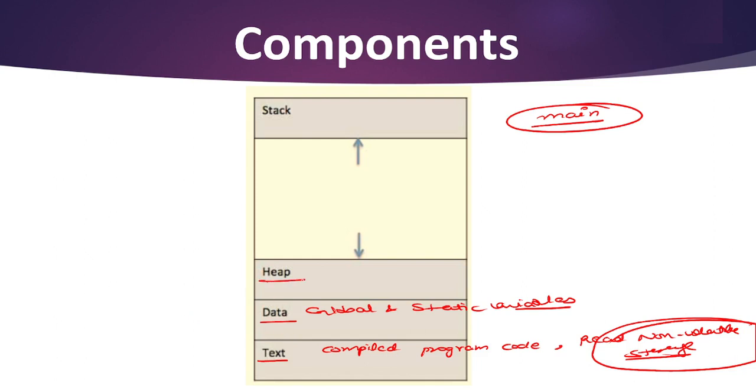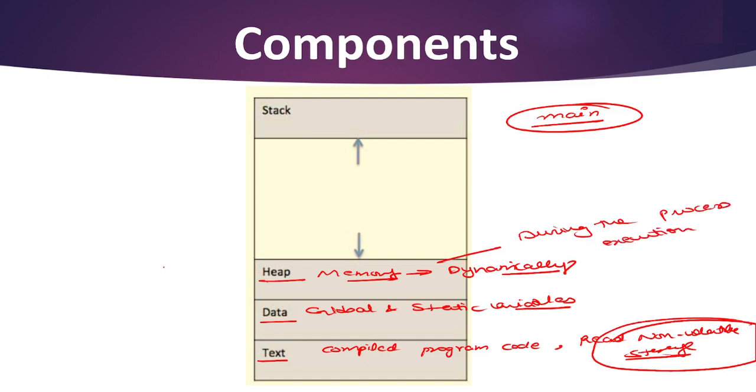Third we have is heap. Heap is very important. Heap is the memory that is dynamically allocated to a process during its execution. So heap is used during the process execution.